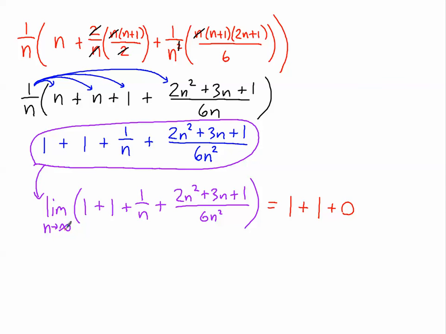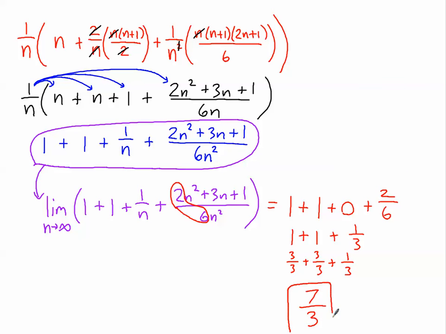And the limit as n approaches infinity of this fraction, because the degrees are the same, the leading coefficient will be what it's equal to, 2/6. That's actually 1/3. So we've got 1 plus 1 plus 1/3. I might think of this as 3/3 plus 3/3 plus 1/3, and I can see my final answer is 7/3.